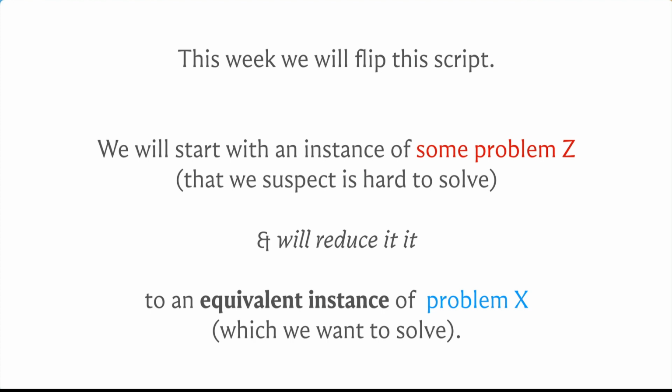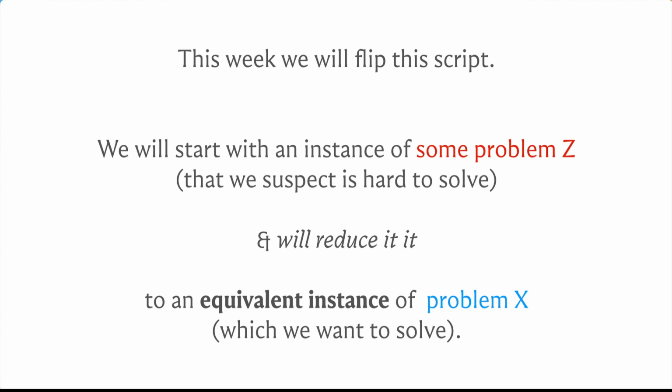But what this does reveal about our problem is that it's at least as hard as this problem that we started out from. And if that problem is widely believed to not admit an efficient algorithm, then that belief should now carry over to our problem as well.